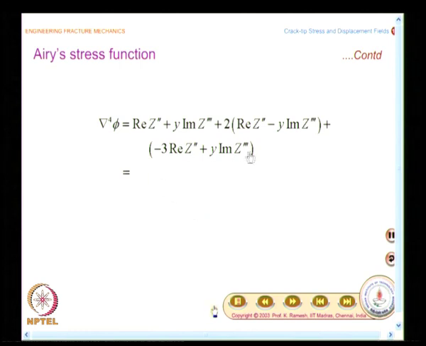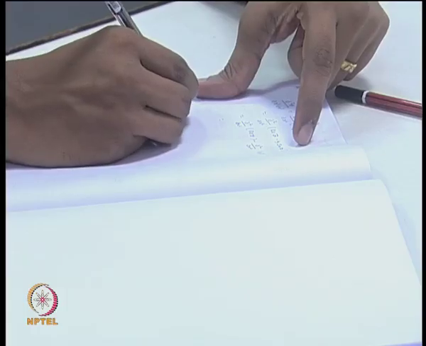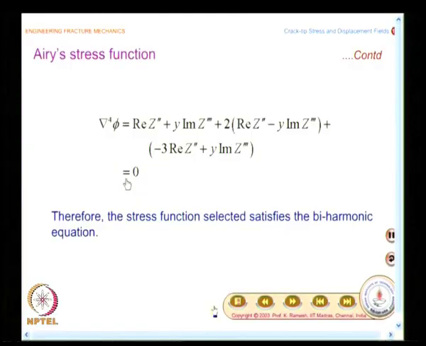So, when I substitute all of these quantities, I get an expression like this. Please take some time to write this down. The expression is sufficiently long, and it goes to 0. So, what is the conclusion?